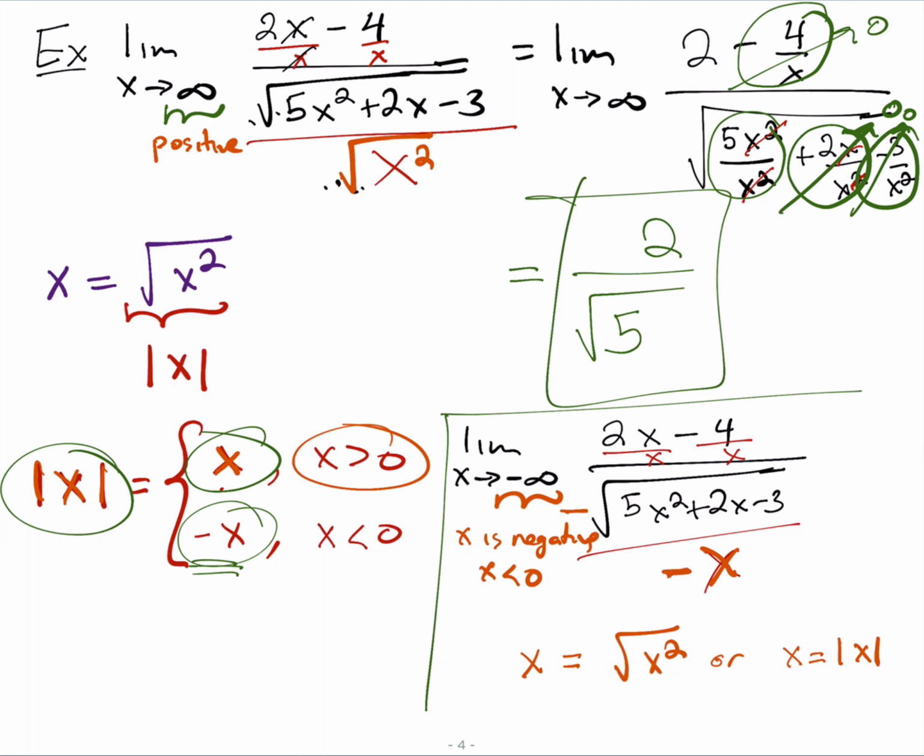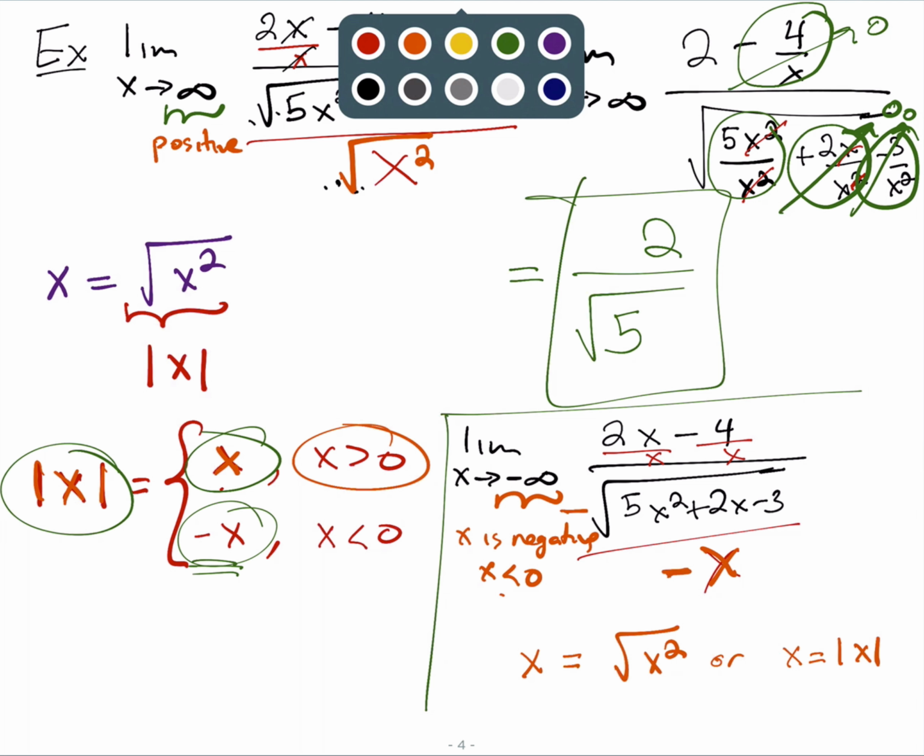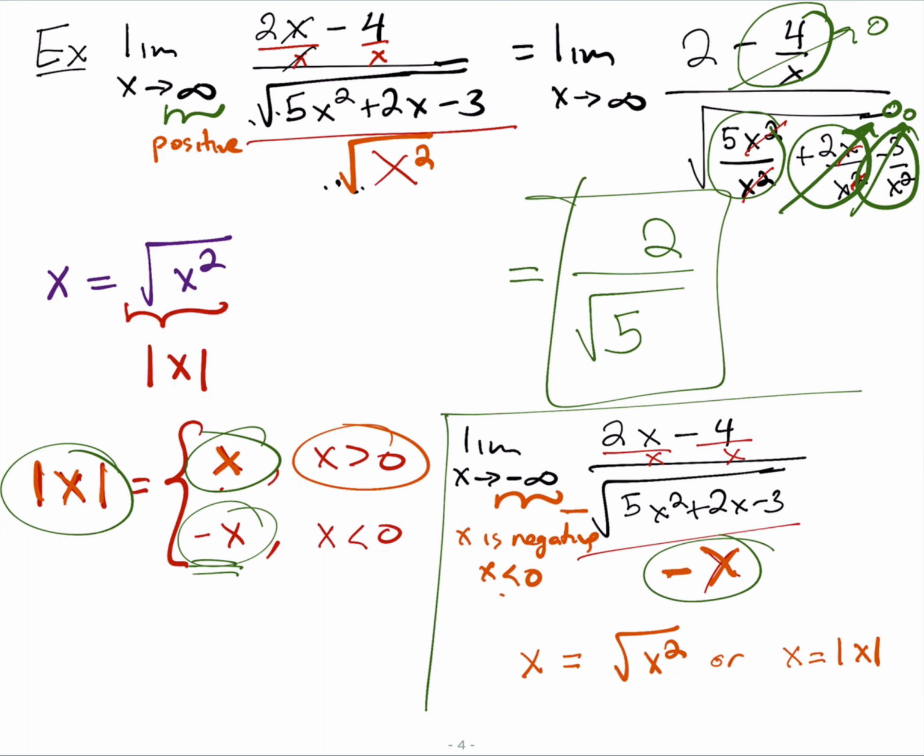It's like if you were going to combine two fractions and one's positive, the other one's negative, so you multiply top and bottom by -1. But now, since x is less than 0, this minus x is equal to the absolute value of x, or the square root of x squared, which is what you want, so you can simplify.